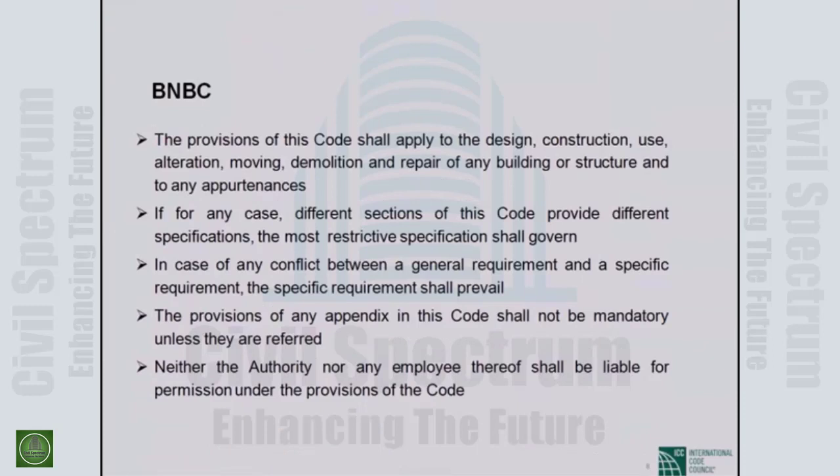The BNBC has some basic concepts. Before going to part 4, I would like to introduce some basic points which regulate the building code. If I read slowly, the provisions of this code shall apply to the design, construction, use, alteration, moving, demolition, and repair of any building or structure, and to any appurtenance.